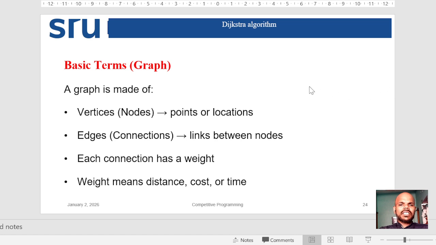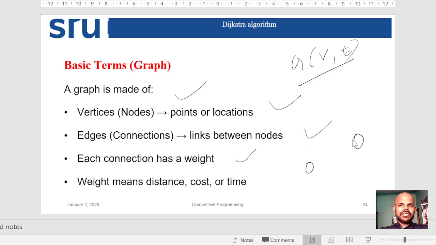Next, basic terminology. A graph is made up of vertices and edges, which we have already seen. This is the basic fundamental required to understand the Dijkstra algorithm. Each connection has a weight.